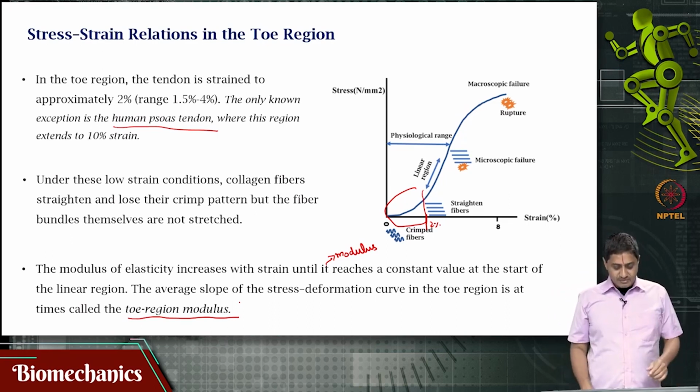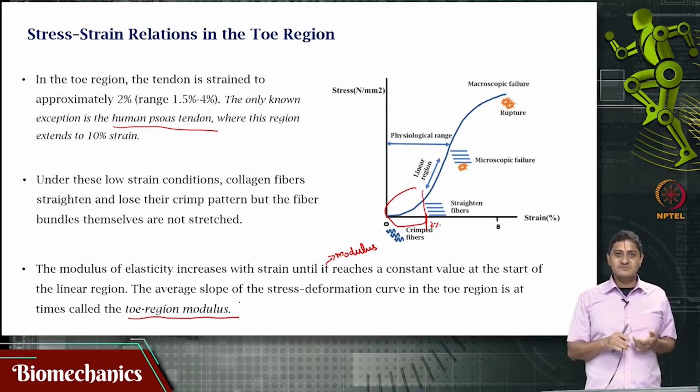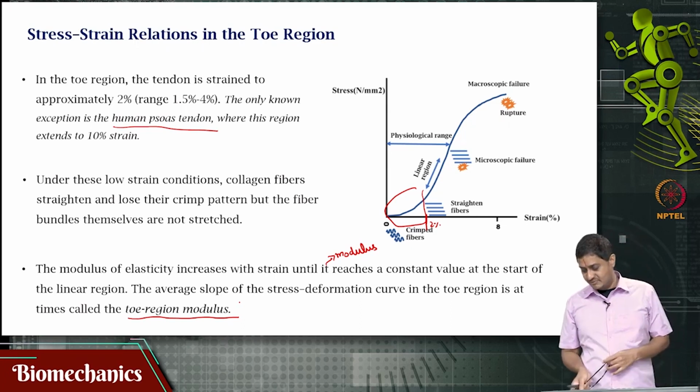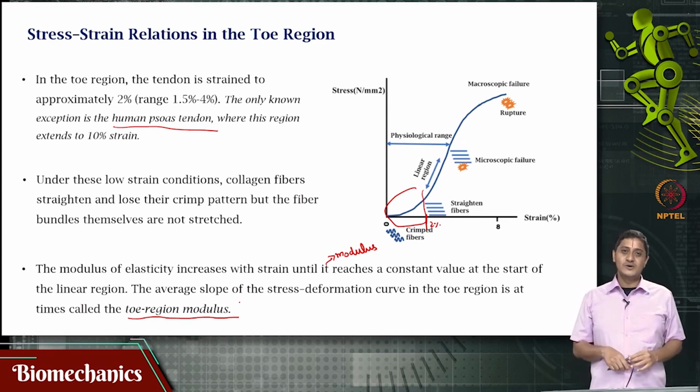But sometimes, depending on the selected level of analysis, people use this as the toe region modulus. By definition, there is no such thing as a toe region modulus. You have toe region moduli in plural, you have many moduli.